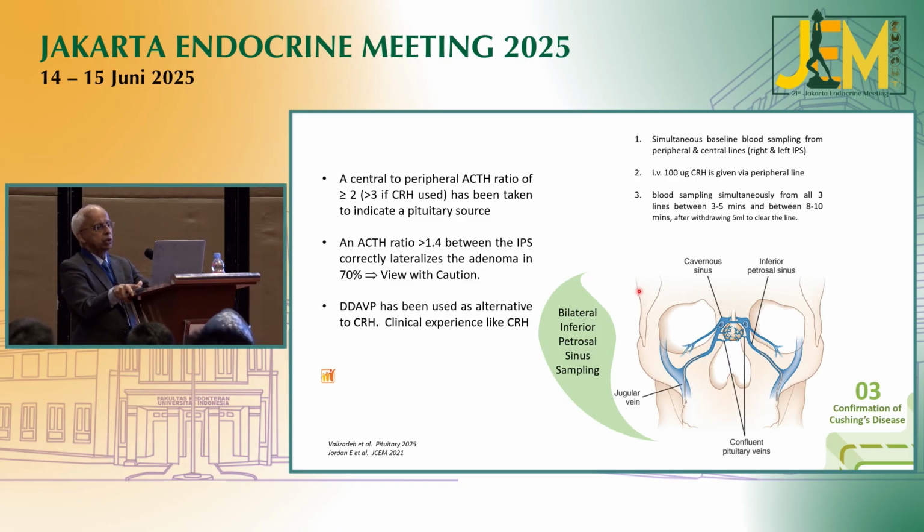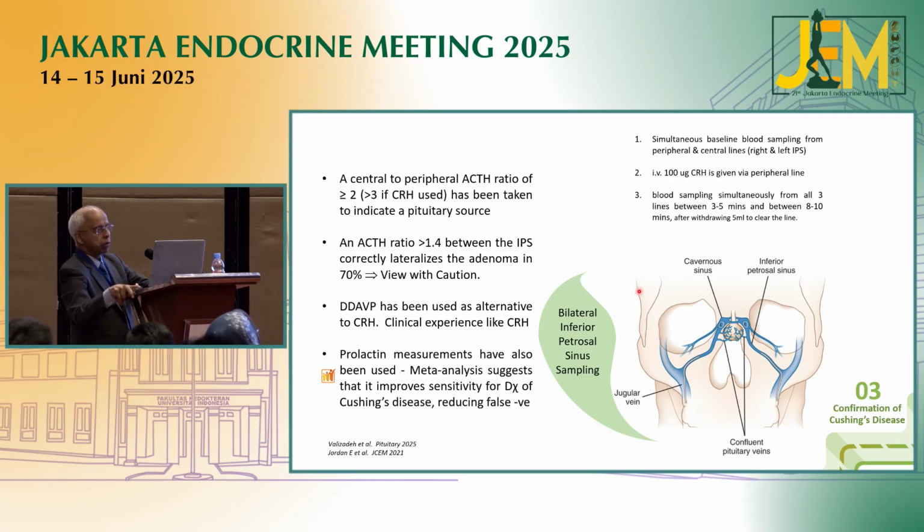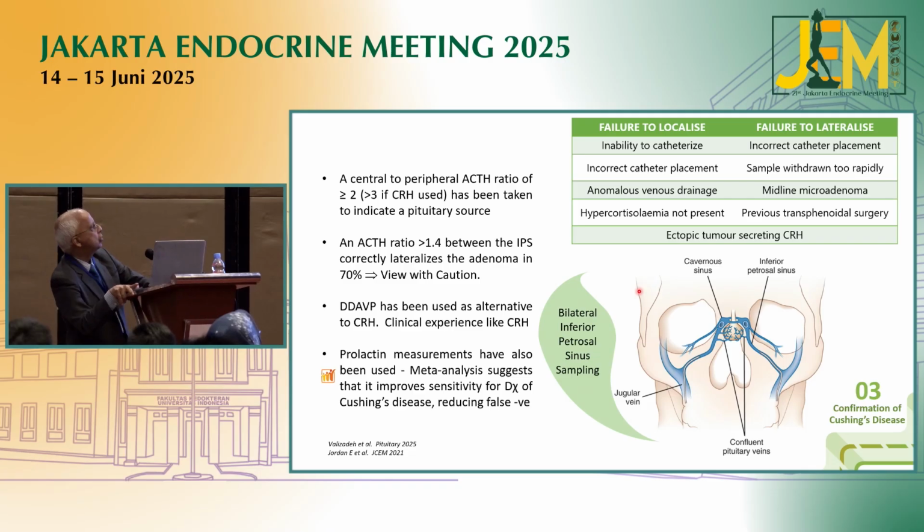DDAVP has been used. Clinical experience suggests it's like CRH. Prolactin measurements have added value. It improves sensitivity, and false negative is reduced. Those are reasons why BIPS is never accurate.